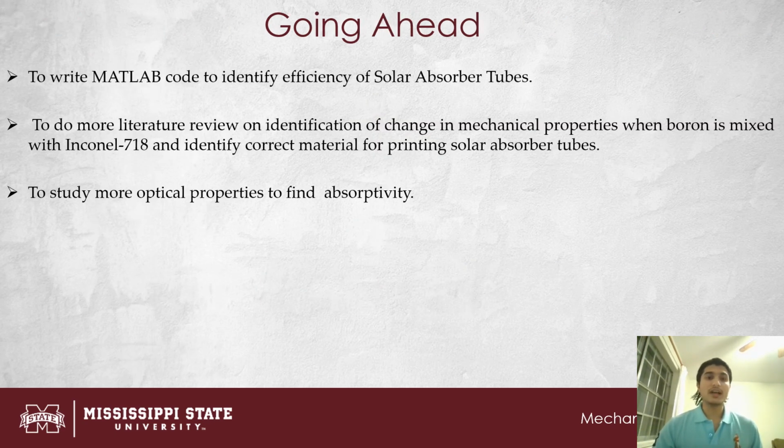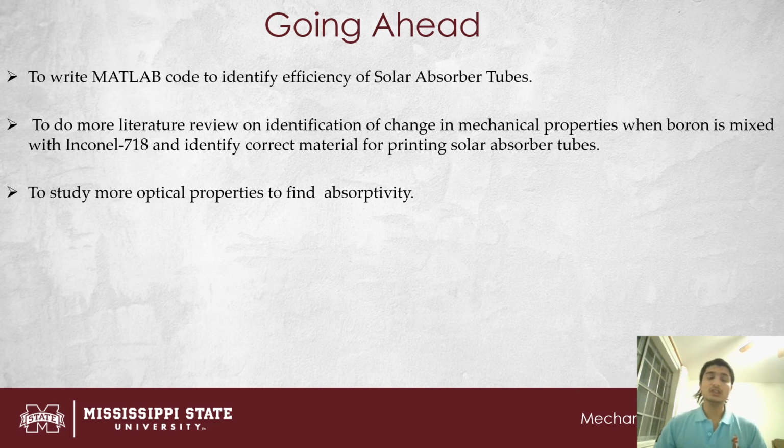So that is all I have for today. Going ahead, I am writing MATLAB code to find the efficiency of solar absorber tubes using the sweeping method that I showed you earlier. I will also be doing more literature review on identifying changes in mechanical properties when boron is mixed with Inconel 718, and identify the correct material for printing solar absorber tubes.